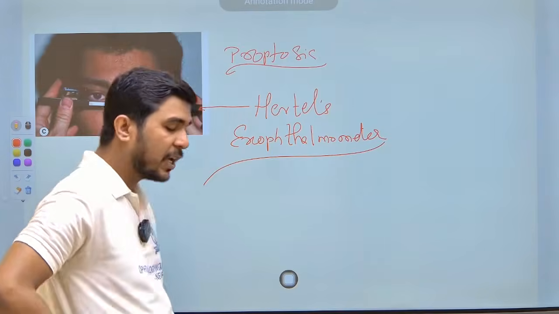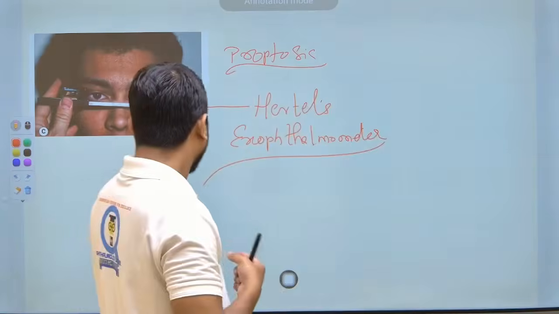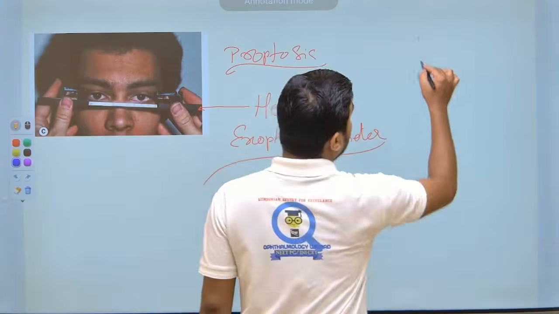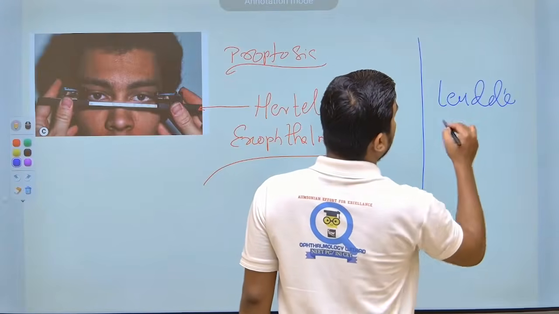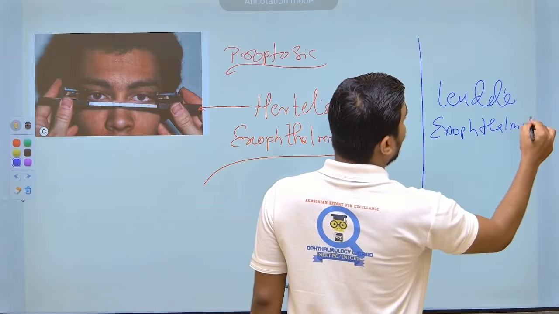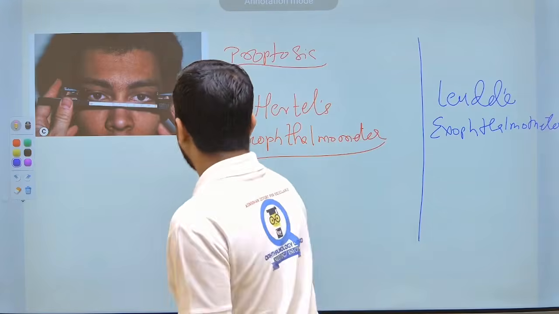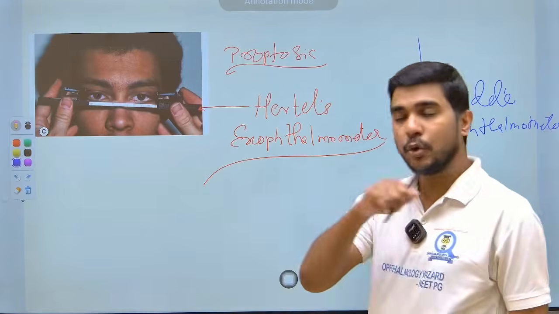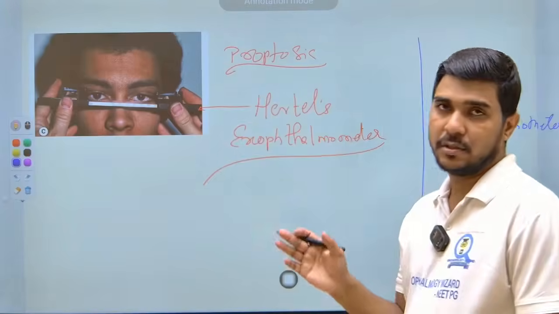Exophthalmometer. What is the other exophthalmometer that is commonly being used? That is called Luedde's exophthalmometer. Okay. So you should know the name of these two things: a Hertel's exophthalmometer and the Luedde's exophthalmometer. And this is to measure the proptosis.